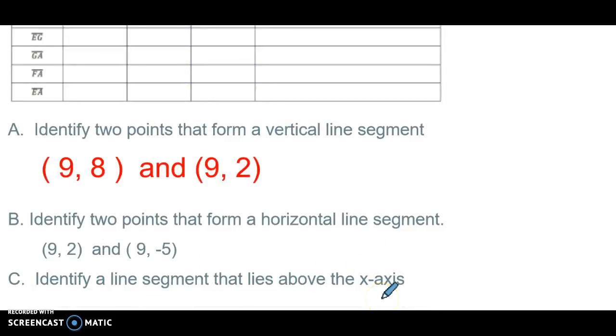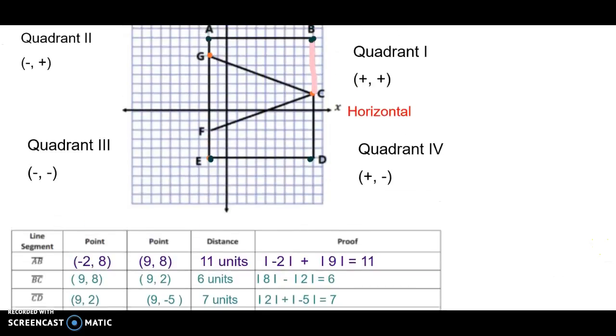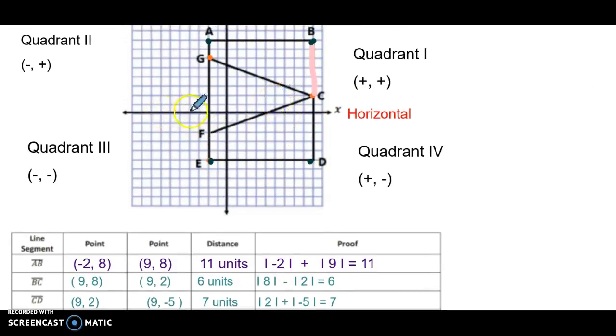Part C says identify a line segment that lies above the x-axis. So here is our x-axis. It wants us to find a line segment that lies above it. So point G and point C line segment, they are above the x-axis, so that would work.